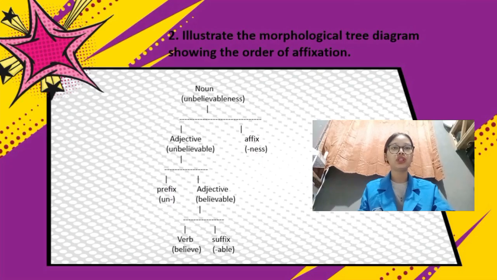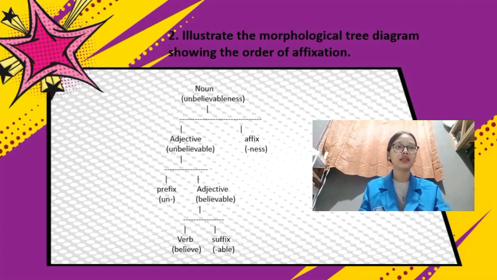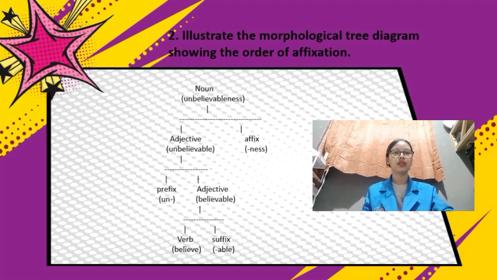Next, we attach the prefix un-. This one is also derivational since it changes the meaning of the adjective. So, believable becomes unbelievable, meaning not able to be believed. We add the suffix -ness. This is again derivational because it changes the word class from adjective to a noun, resulting in unbelievableness.